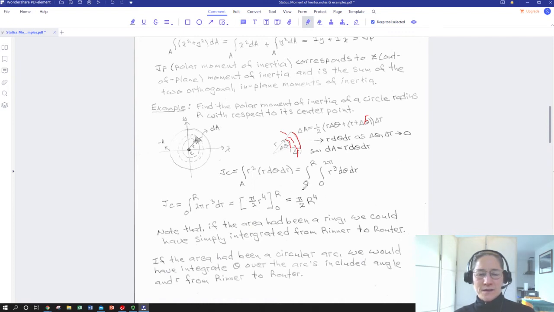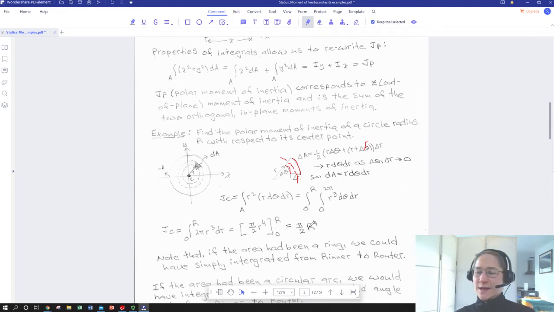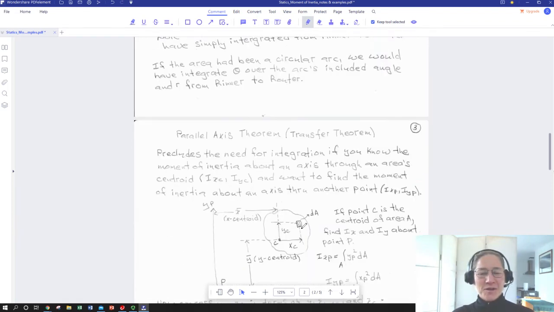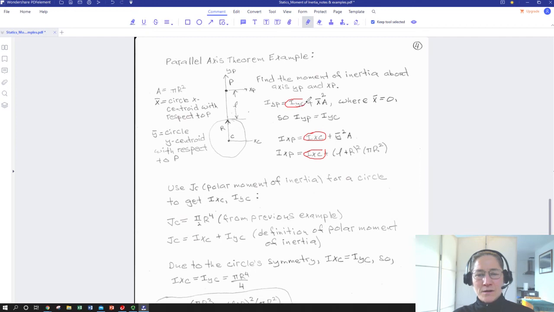This result, we can invoke this part of the definition of polar moment of inertia and be pretty darn sure that the moment of inertia about the x and y axes of a circle is going to be pi over 4 r to the 4th. So we now have this term and this term. Oops, sorry. And that one.